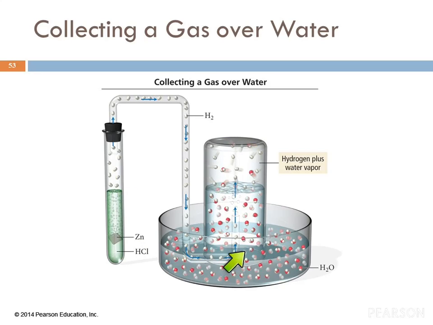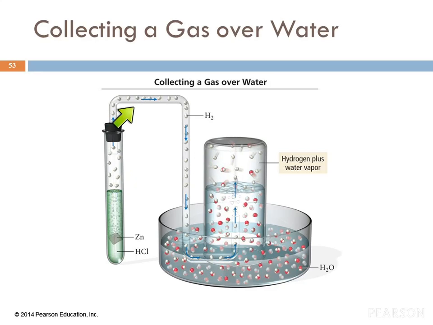Here we have a beaker that was originally completely full of water, inverted in this dish of water. It looks a little bit like the mercury barometer, except it's with water and it's not very tall. Then we have a tube coming out of our test tube and going into the beaker from underneath. As long as the edge of the beaker is under the surface of the water, it will stay there.